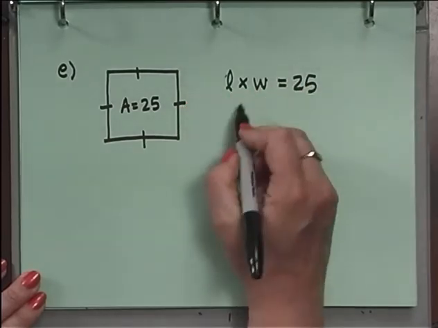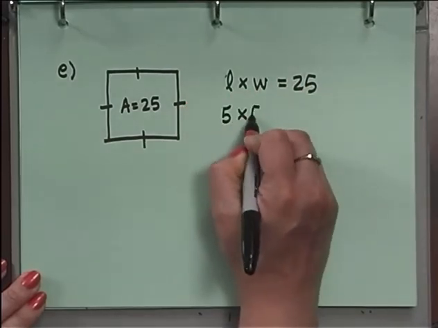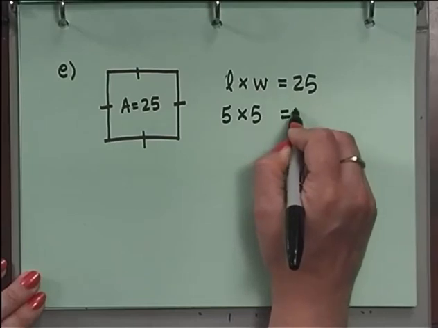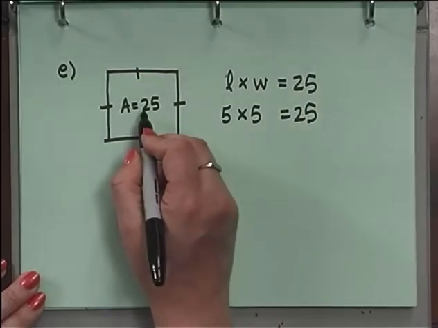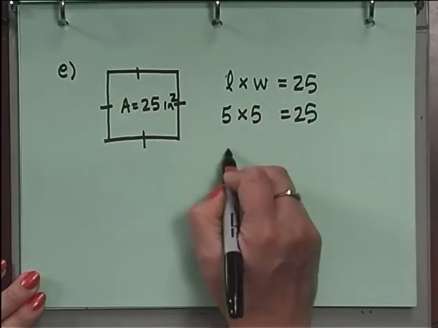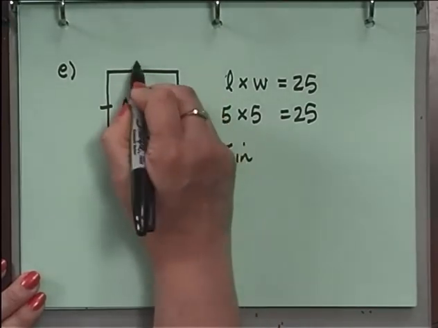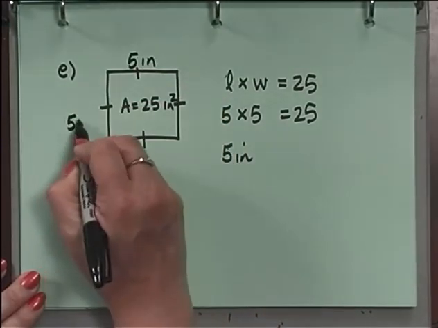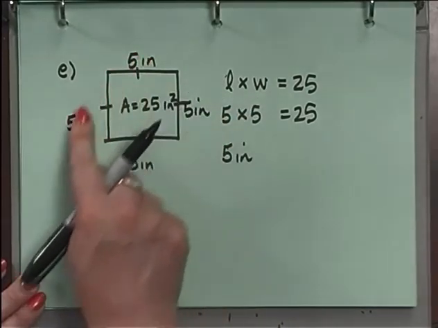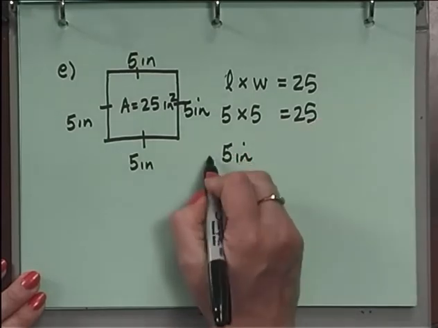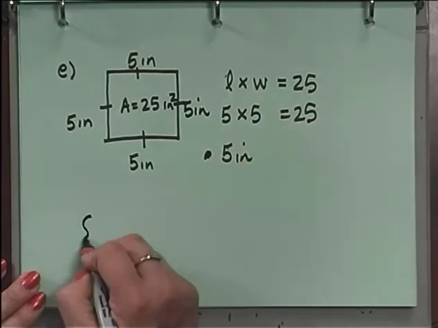Well, the only way to get 25 with both sides being the same is to say 5 times 5 is 25. So if this is square inches, that means that each side is 5 inches long. Like that. And 5 times 5 is 25. So each side is 5 inches long.